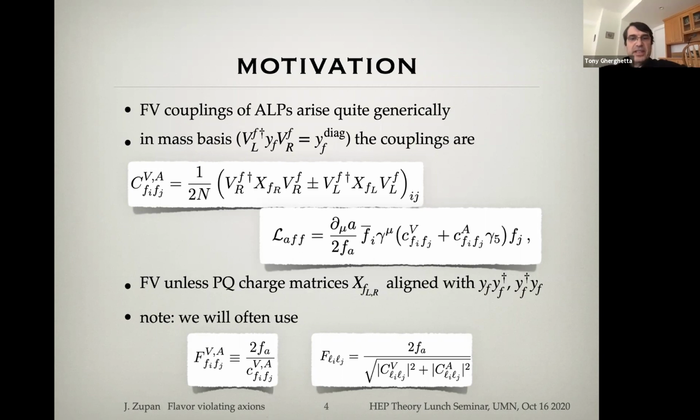So when you measure the C here, it'll depend on what basis you're in, what chiral rotation you chose. That means you would also need an independent measurement, say the axion to the gluon or to the photon, to figure out what basis you're in. But you don't care about that at this point.